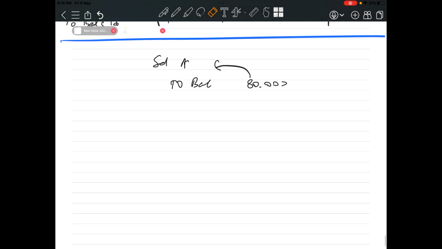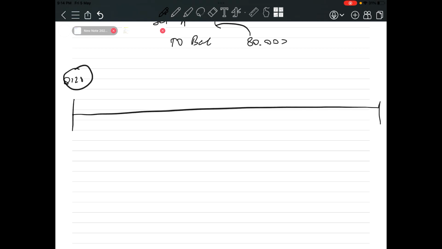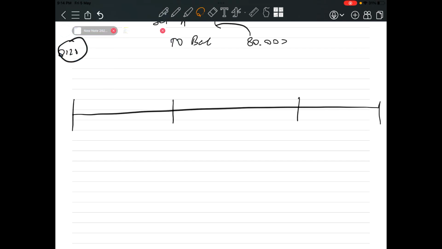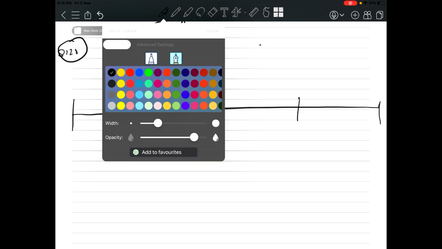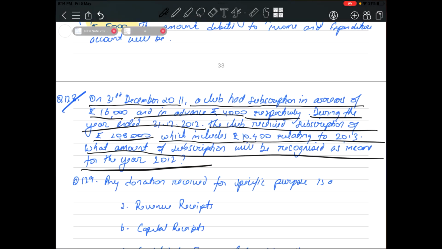Let's try to understand this again with our timeline. Question number 128. So this is 3 years. Now let's try to understand this question.